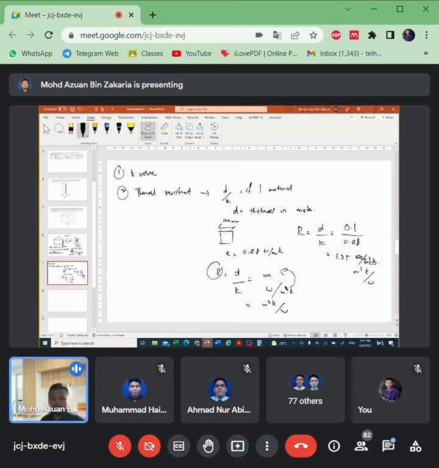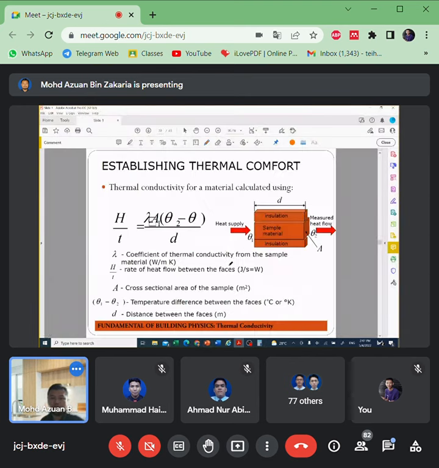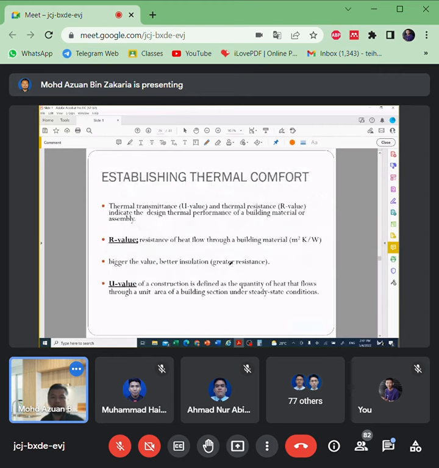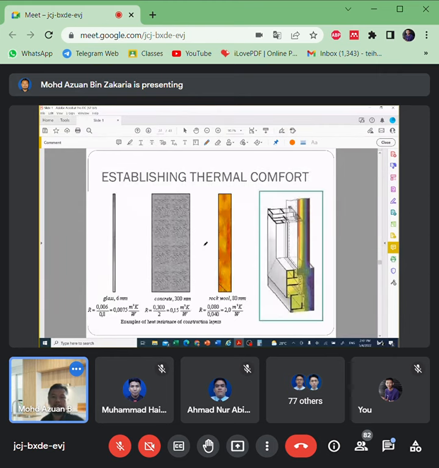Maybe in the slide we have some examples. For example, glass 6 millimeter, concrete 300 millimeter, rock wool 80 millimeter. Different thickness, different material properties, different K value.